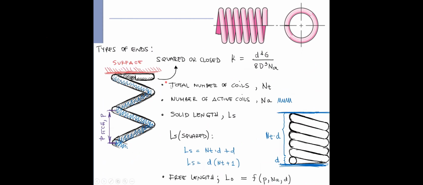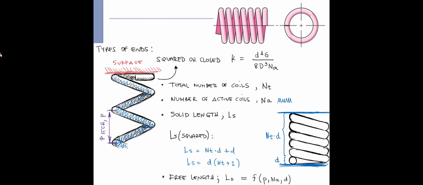So we can define the total number of coils NT and the number of active coils NA. The solid length equals the total number of coils NT times the wire diameter, plus the extra coil wire diameter.